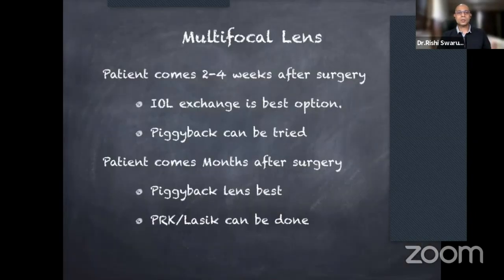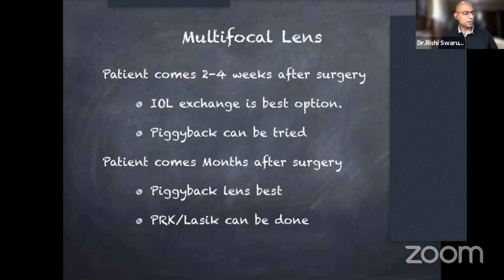If it is a patient with a multifocal lens, which is not a routine lens, these patients can often be very uncomfortable if they have a refractive surprise, because they have come in asking you for emmetropia, not just for distance, even for near, and you've given them emmetropia even for distance. So if it is soon after surgery, the best thing is just remove the lens and put a new one before you develop adhesions.